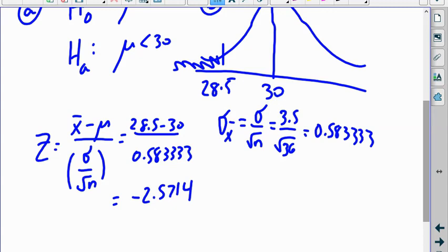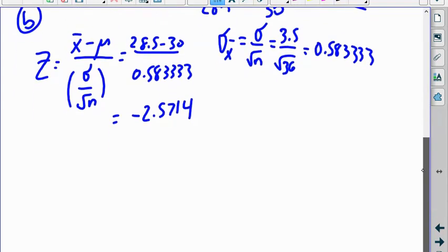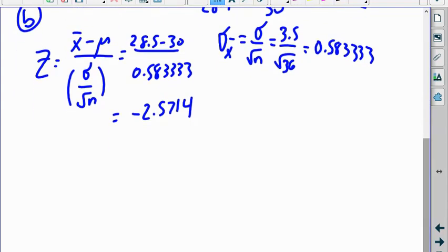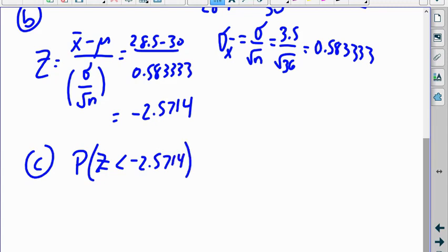So I finished part B. If this was your test, I finished that. Now part C, which excitingly, to find the probability that a Z goes below a negative 2.5714, you can use normal CDF.